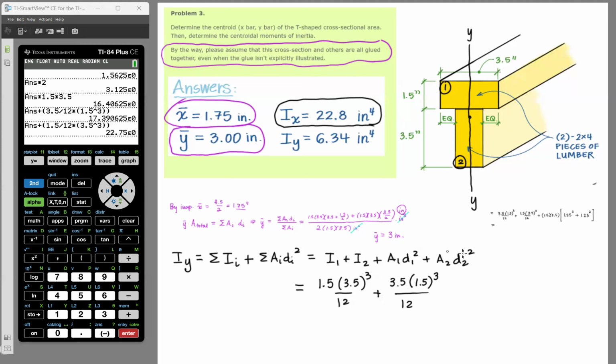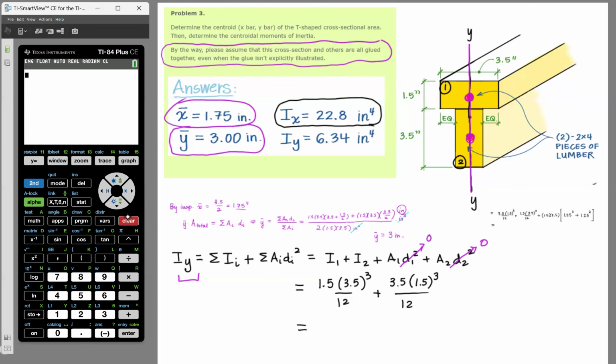For my area times distance terms, I'm looking for the perpendicular distance between the centroid of the component and my y-axis. Since this centroid and this centroid are coincident with that axis, that means that this is 0 and this is 0. So I don't have to use those terms.